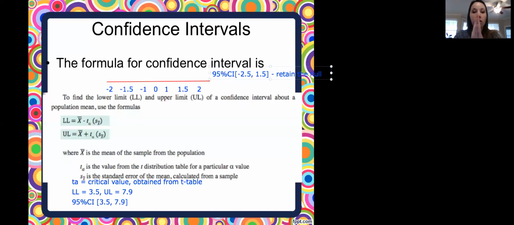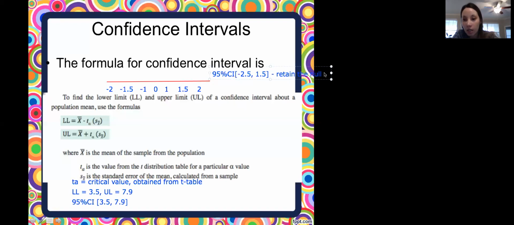It's in the middle of the distribution. So if our data is passing through the middle of the distribution, 0, we need to retain the null, because remember, we only reject the null hypothesis, we only get significant results when our results are out on the fringe, when they're out on the edges of the distribution. So when our confidence intervals pass through 0, we need to retain the null hypothesis.